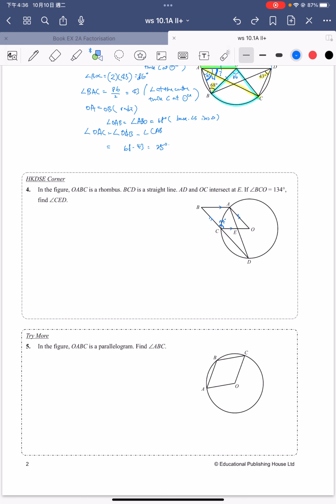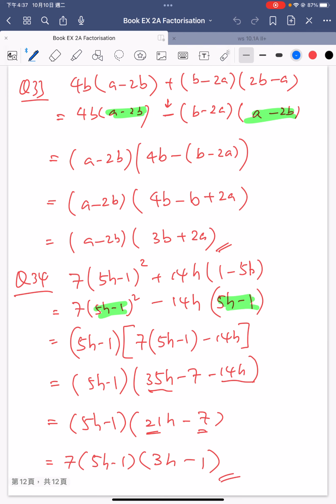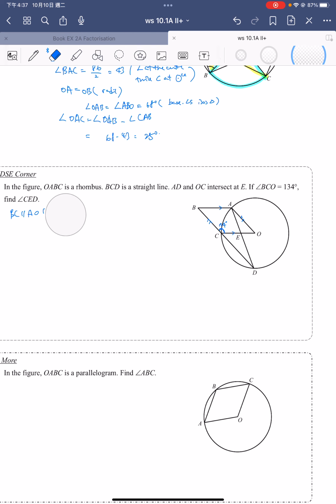So that we have BC is parallel to AO by using the interior angle. The BC is parallel to AO, which is a property of a rhombus.